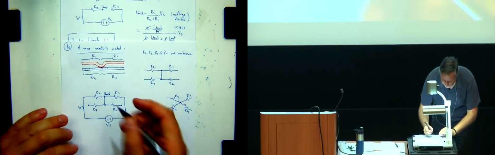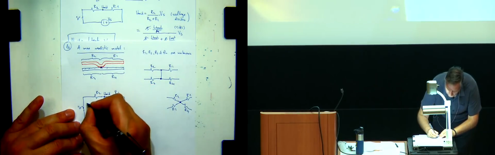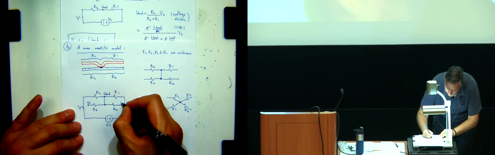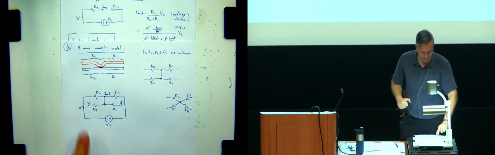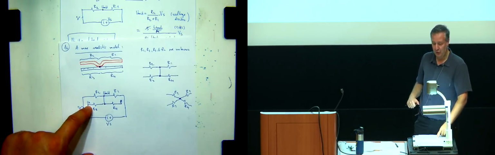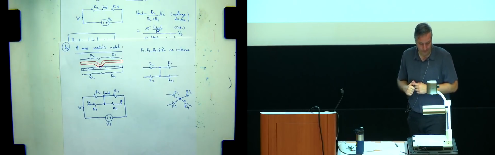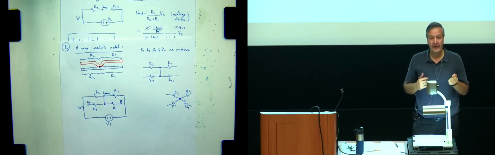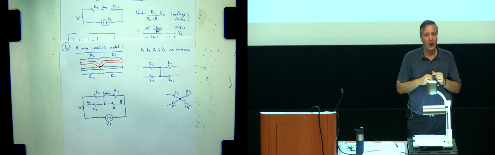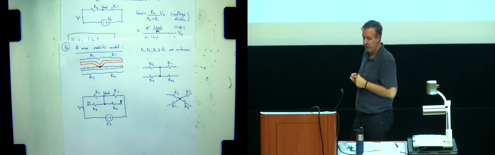So let's call this U1. I'm just not going to even label it. I'll just add this additional potential U1 here. Okay, so who can tell me what's the relationship of U1 and U-mid in this circuit?